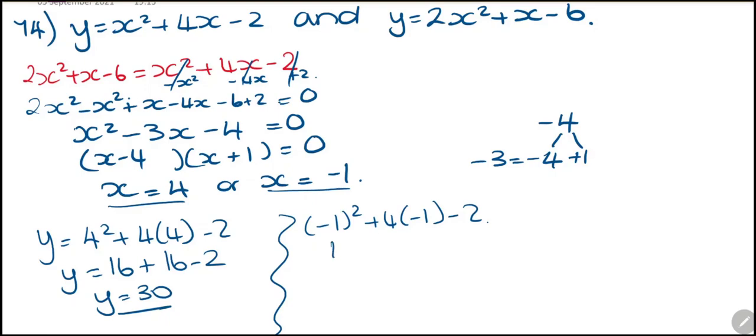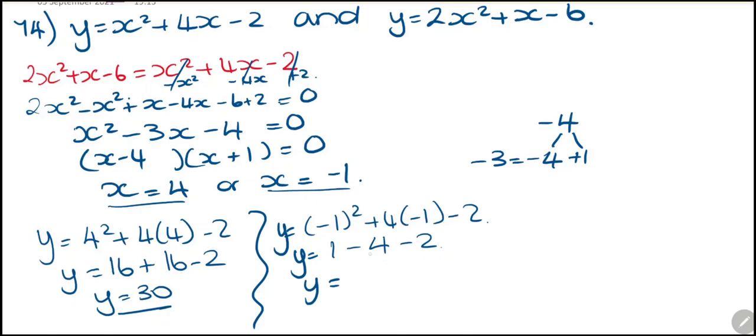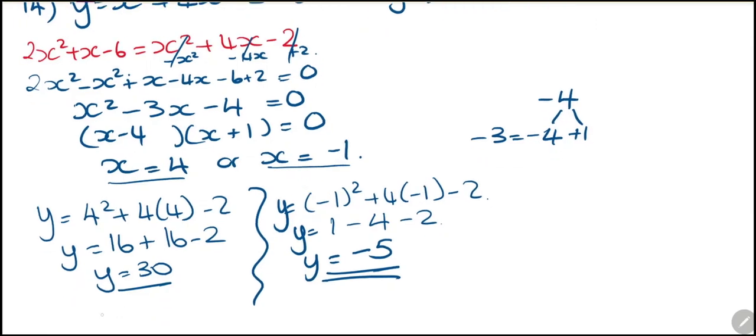So 1 minus 4 minus 2. So y is equal to minus 5. So our coordinates are going to be 4, 30, and minus 1, minus 5.